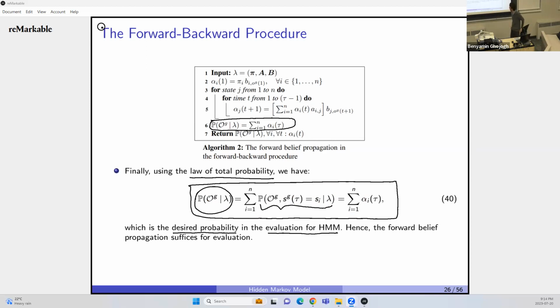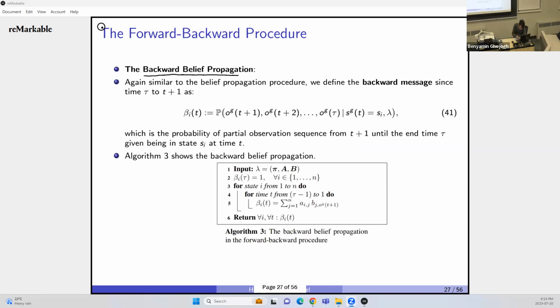So I'm marginalizing over Si, and I'm summing over all of the Si's. This is called the law of total probability. And interestingly, this is alpha i tau.